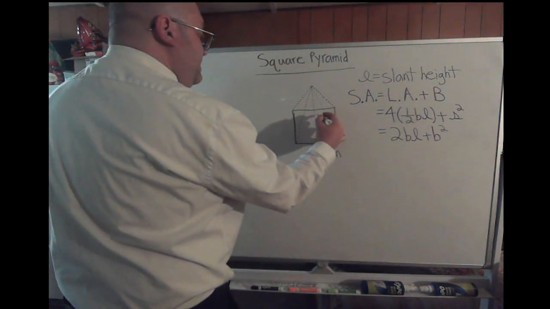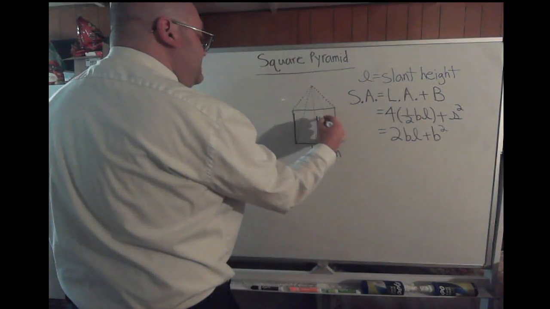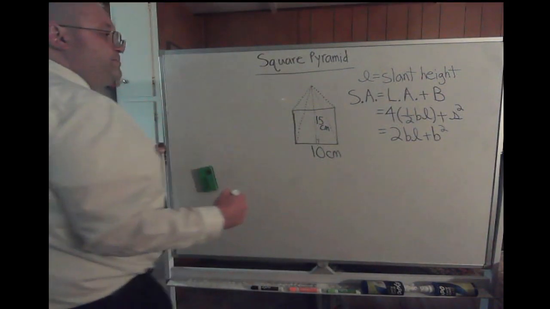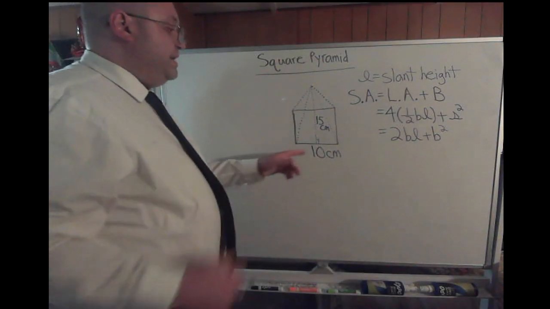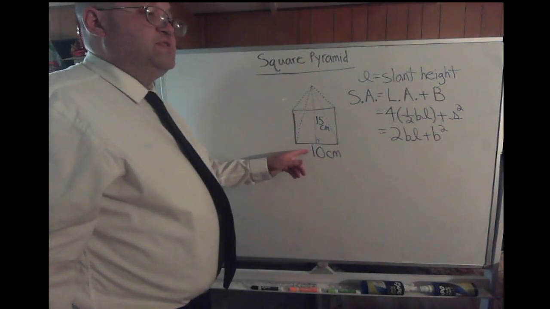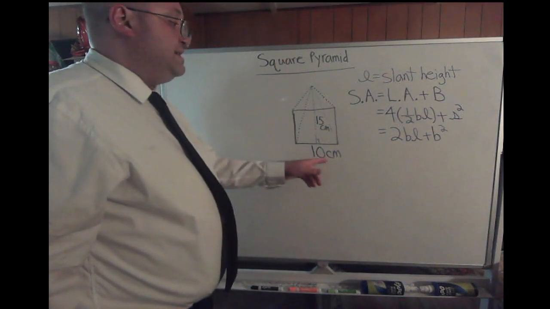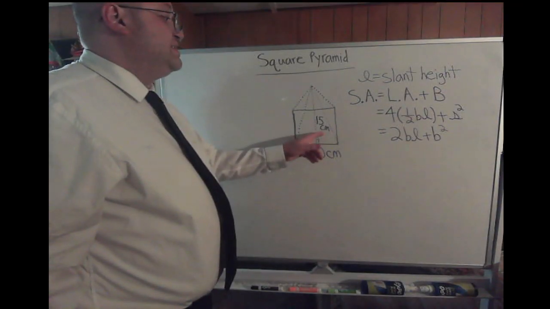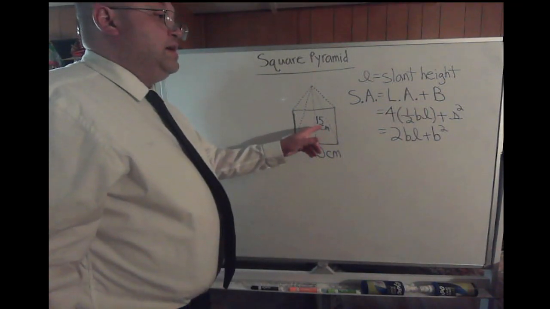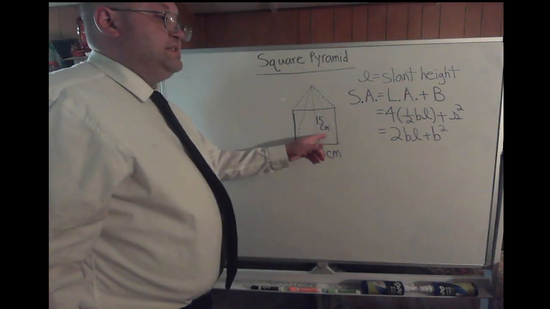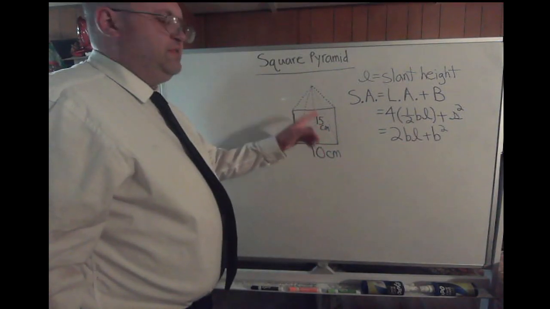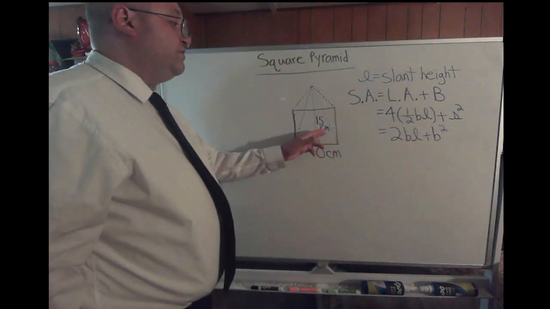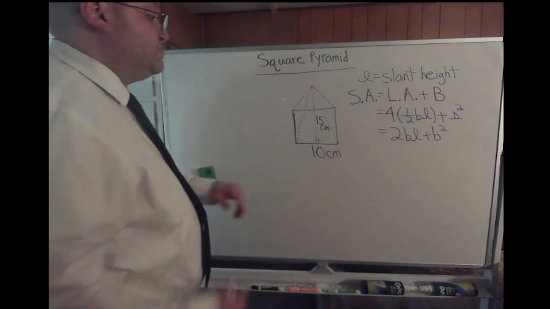Your slant height would be 15 centimeters. So we have the length of the base of the triangle and the length of the side of the square base being 10 centimeters. We have the slant height of the triangular faces being 15 centimeters.